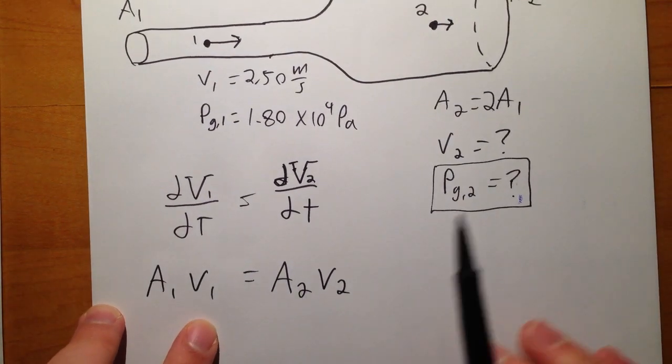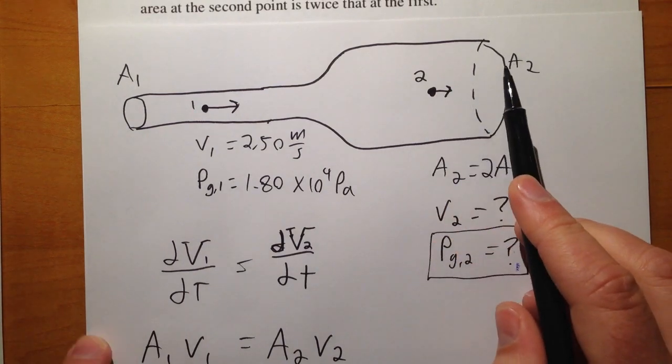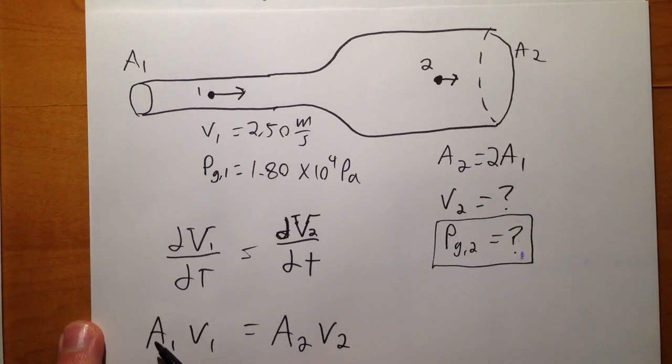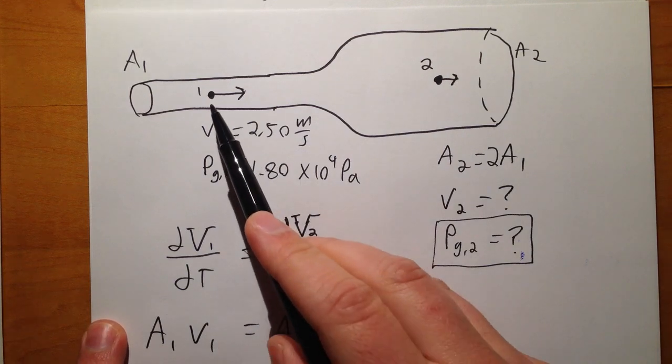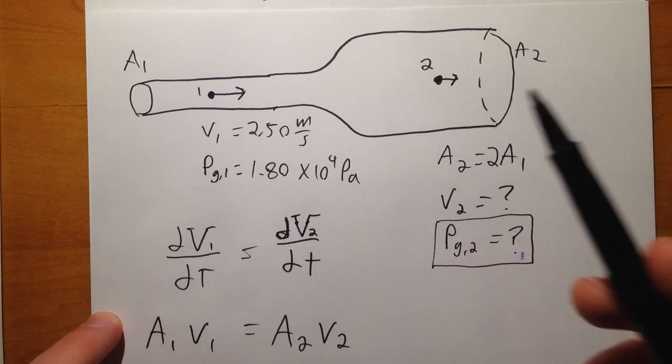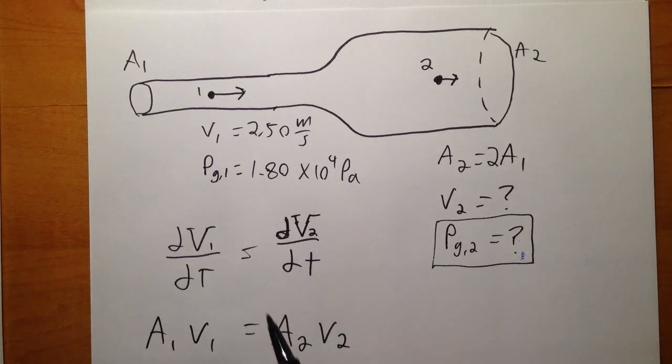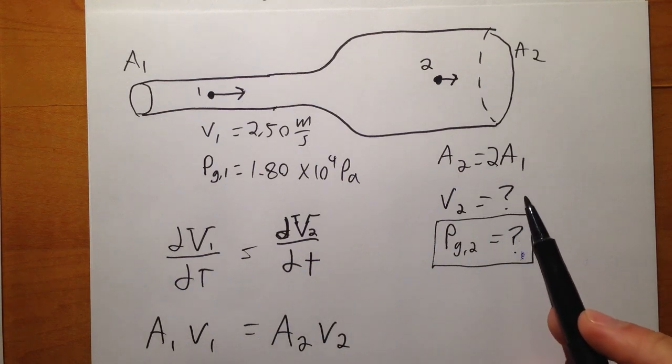So this equation tells me that as the area of the pipe gets bigger, if A2 is bigger than A1, that means V2 must be smaller than V1, meaning as the water flows from point 1 to point 2, it must slow down when the pipe gets bigger in order to keep the flow rate the same. All right, so that's an important concept. So we're going to use this to solve for V2. I can solve this for V2, and that will enable me to figure out this unknown.